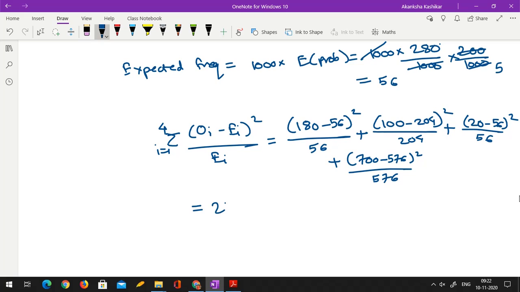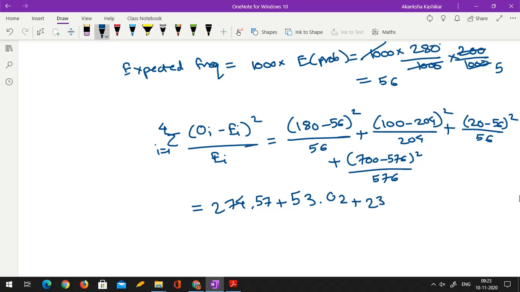So the first term becomes 274.57 plus (100 minus 204) whole square divided by 204. So the second term becomes 53.02 plus (20 minus 56) whole square divided by 56.